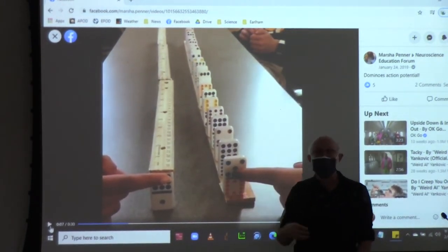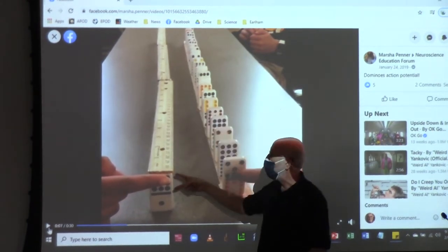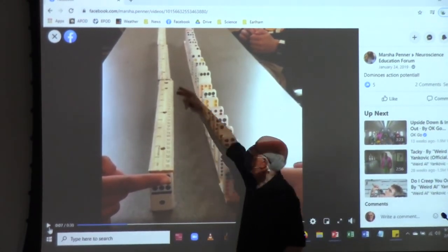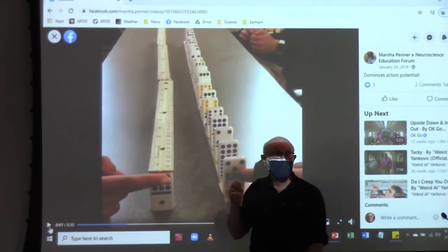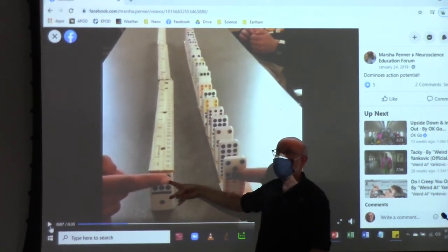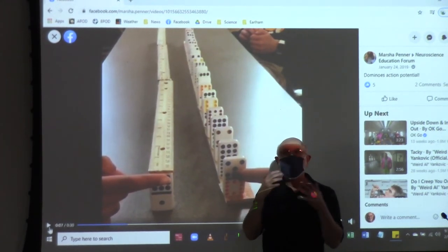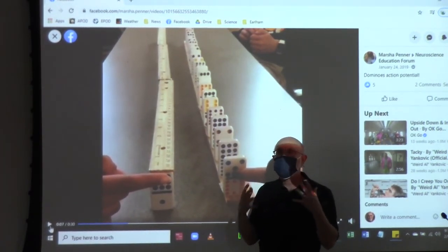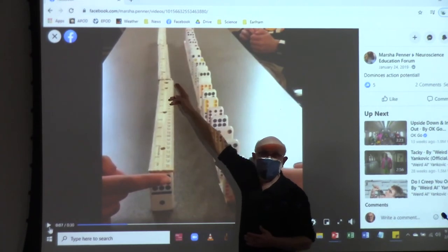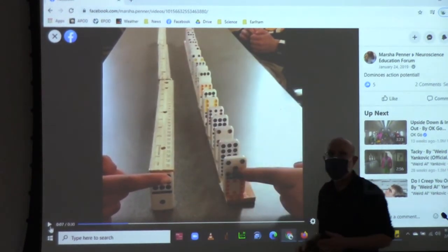The myelin is represented by these rulers that connect this domino to a domino here. Because this domino is now more efficiently connected by myelin-assisted diffusion, you can already predict what's going to happen.